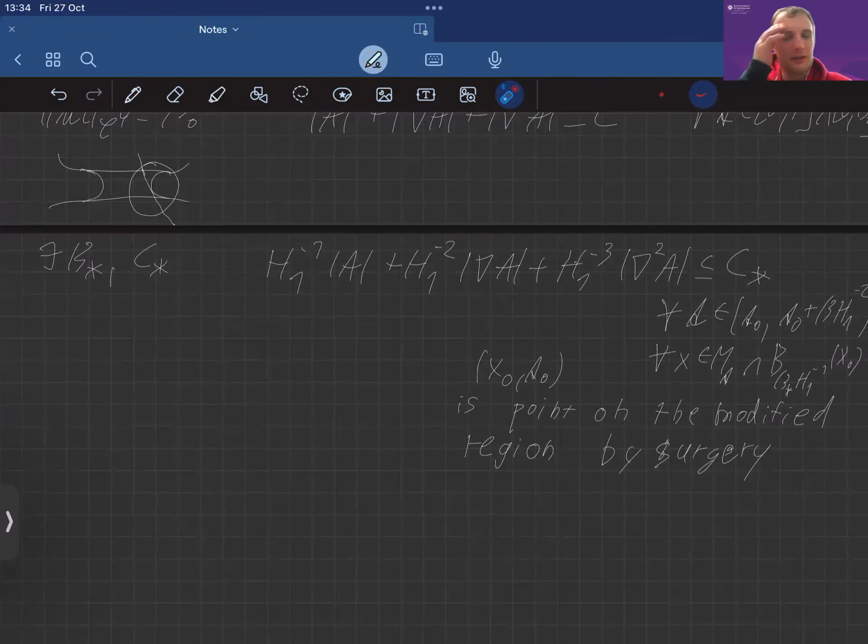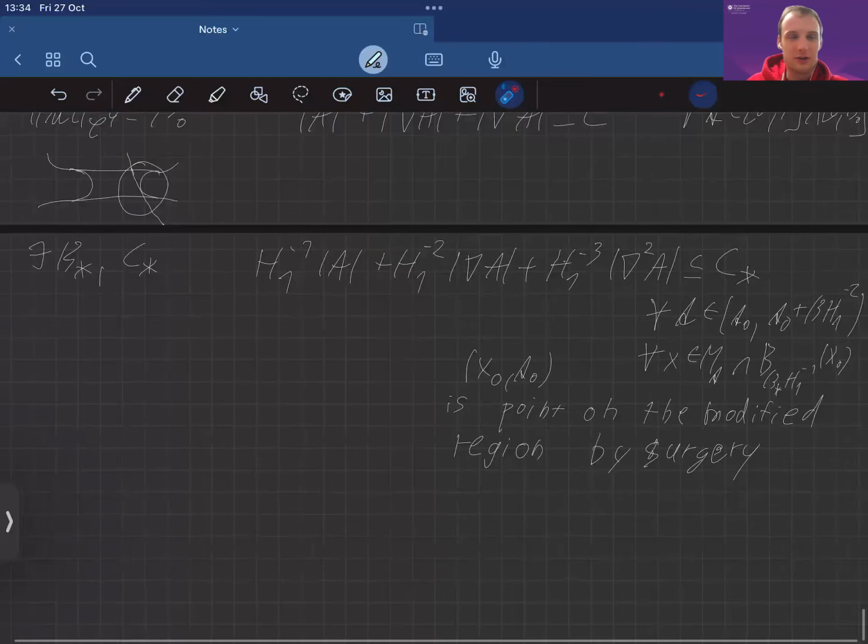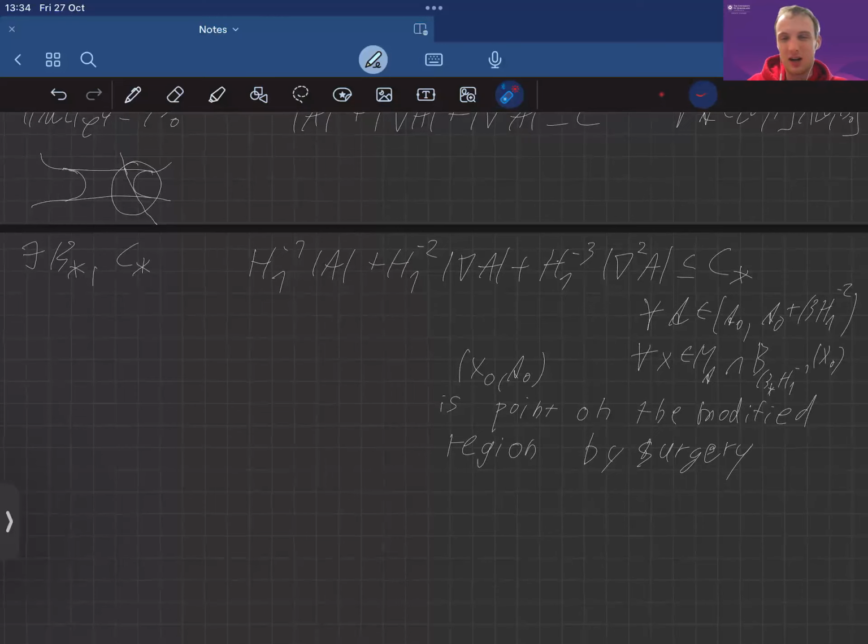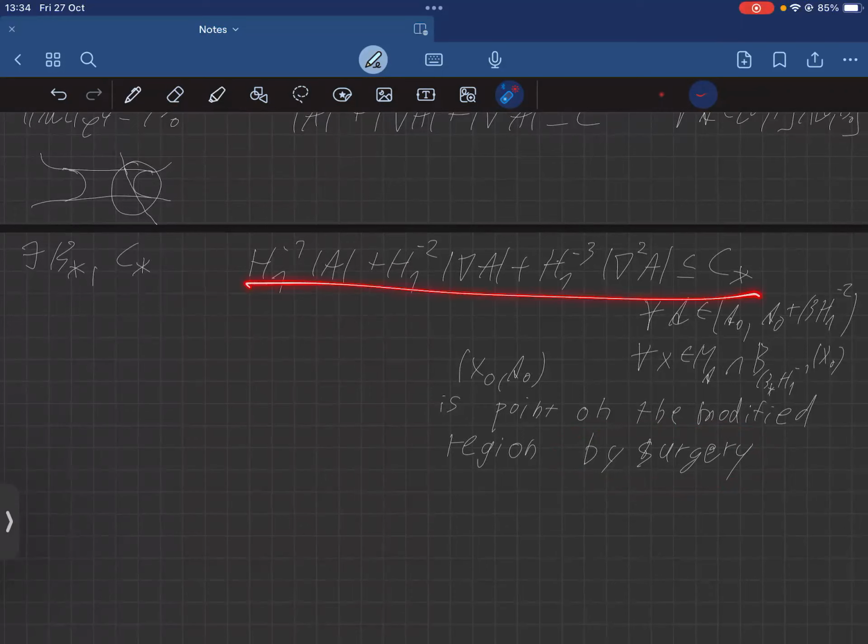Just to clarify there, Stepan, is it true for all H1, not just all sufficiently large H1? Yes, for any H1, provided that this surgery is performed on a neck which has curvature H1, and then this estimate holds.